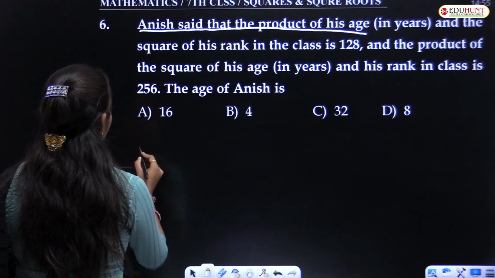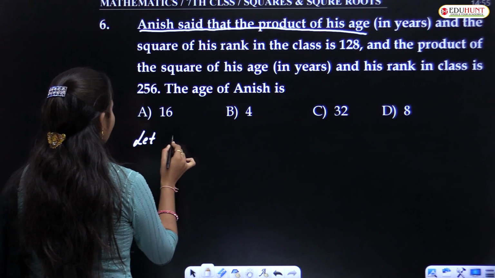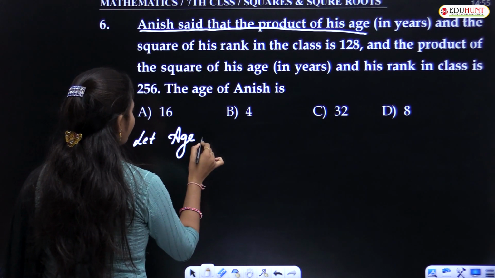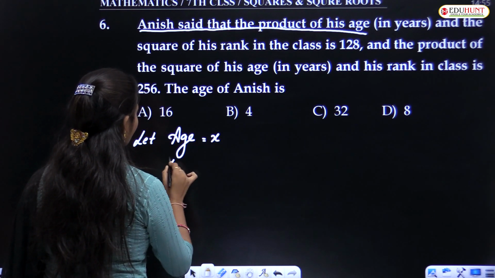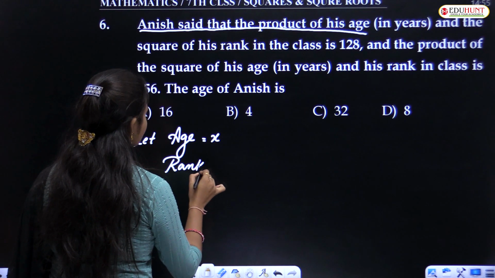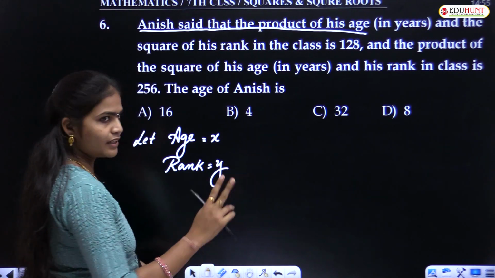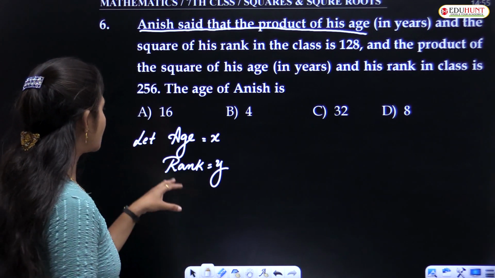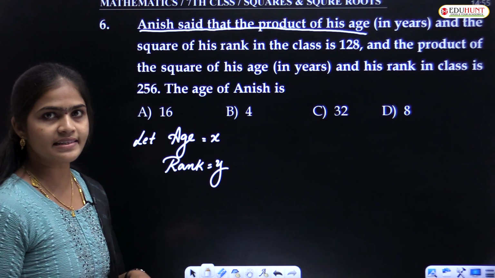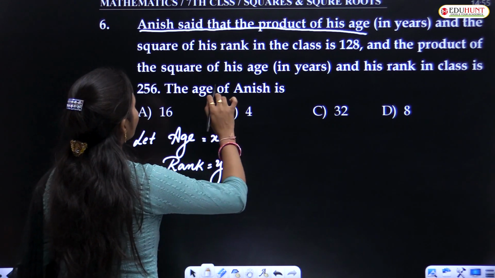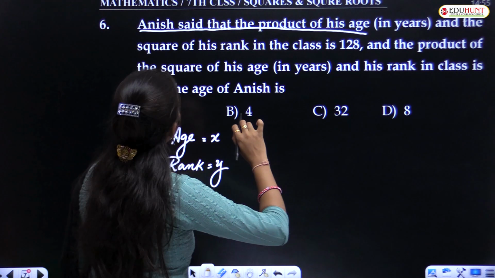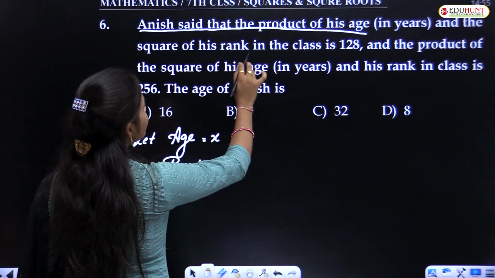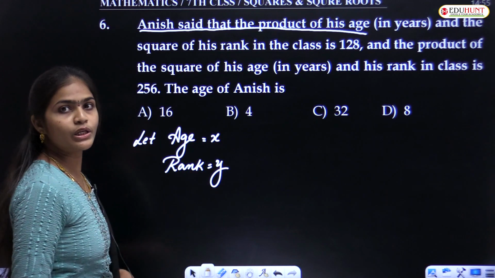Okay, so let the age of Anish be some x, and rank be some y. Two different concepts he is talking about, so that's why we take two different variables x and y. Now what he is saying: the square of his rank in the class, and the product is 128.